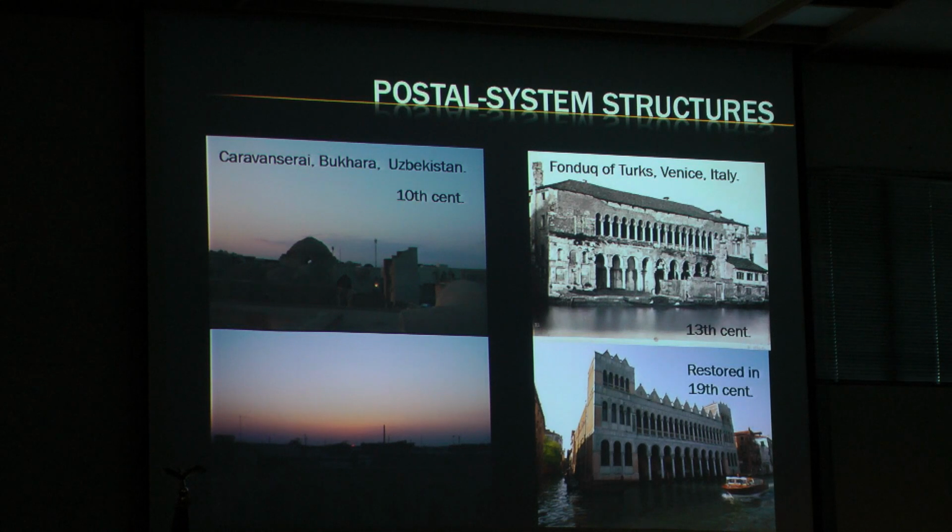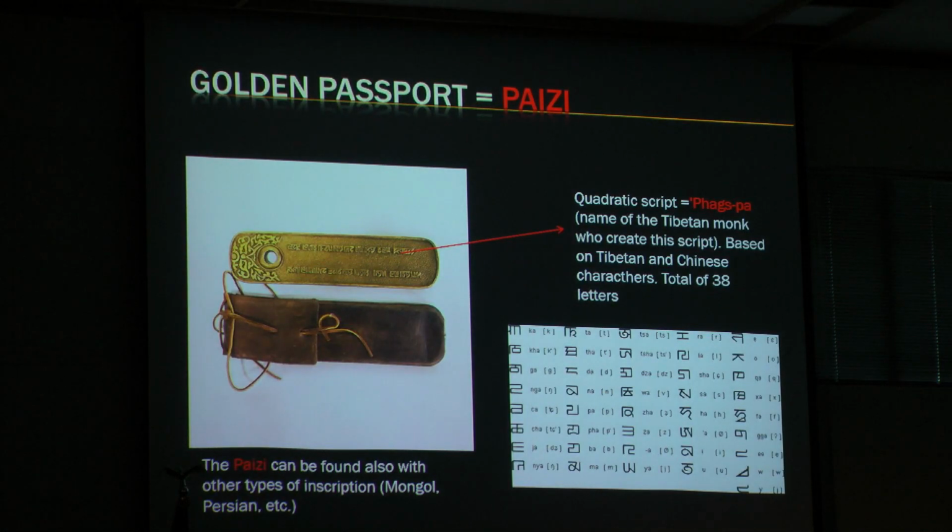But officials and envoys could not travel in the Mongol Empire without the golden passport. The Venetian traveler Marco Polo obtained a passport that is still preserved today in Venice. The passport could be written in Mongol, in Chinese, in Persian, and also in the quadratic script called Phags-pa.